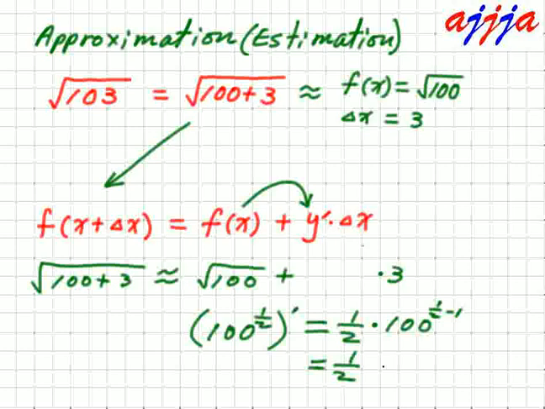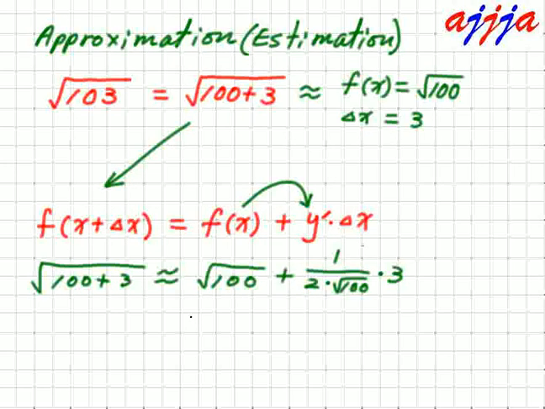A negative power, you just change to positive and take 1 over, the reciprocal. That means the square root of 100, which is 10. So right here it is 1 over 2 times the square root of 100.